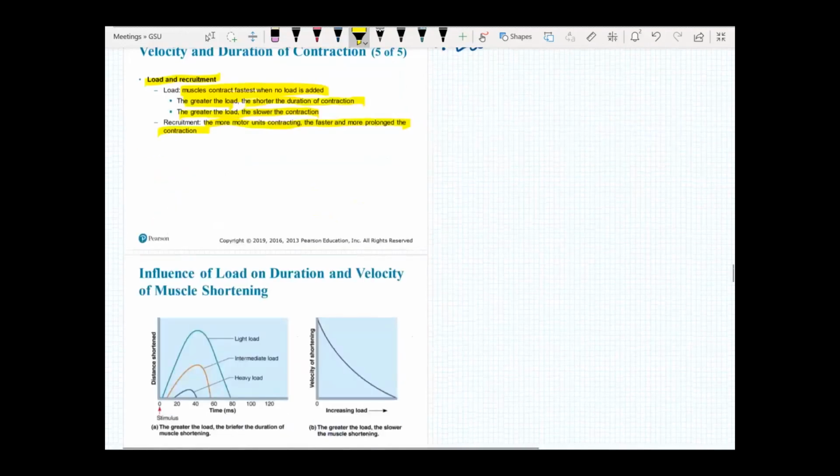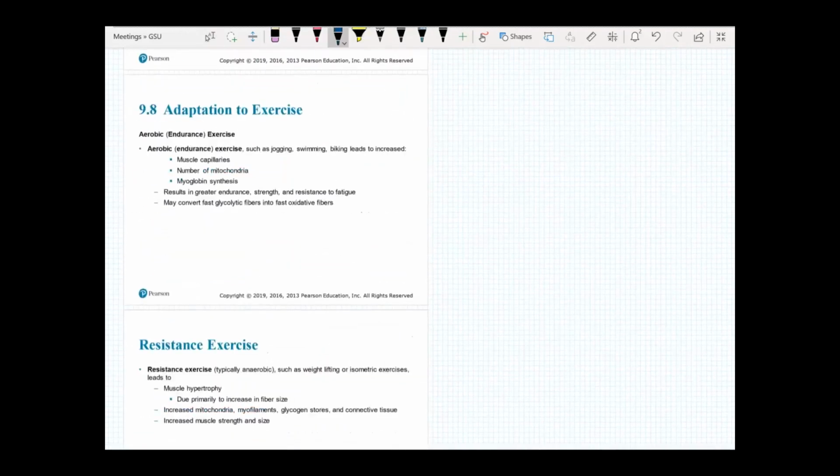Okay, so now we're going to briefly talk through our exercise and the skeletal muscle, because that is how it all kind of fits together. So with our skeletal muscle and exercise, our exercise gains are based on the overload principle.